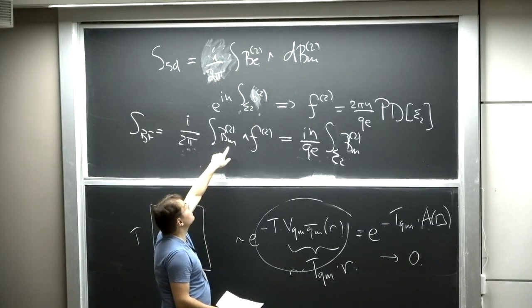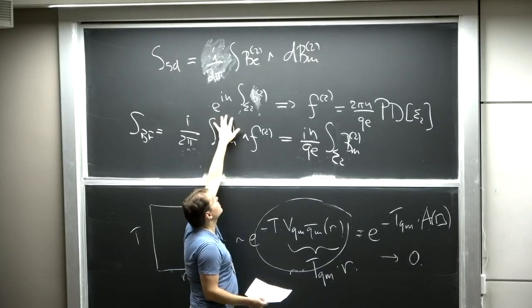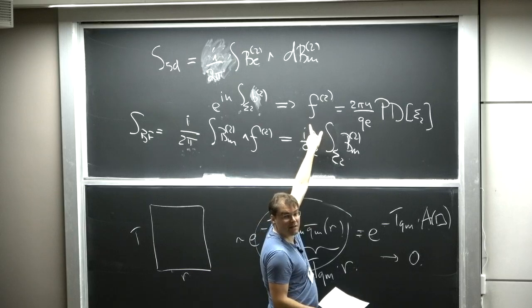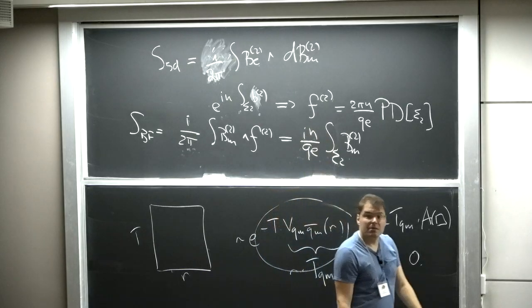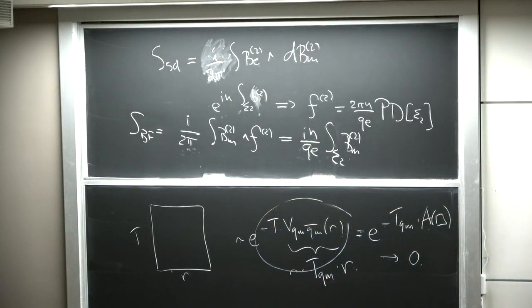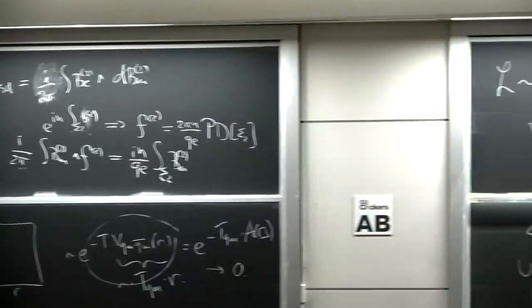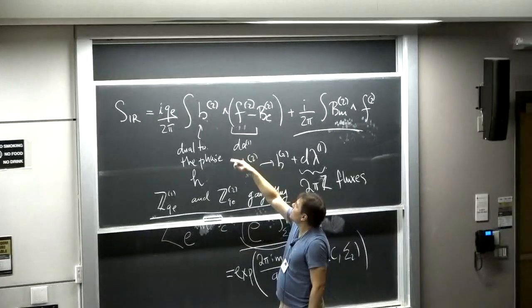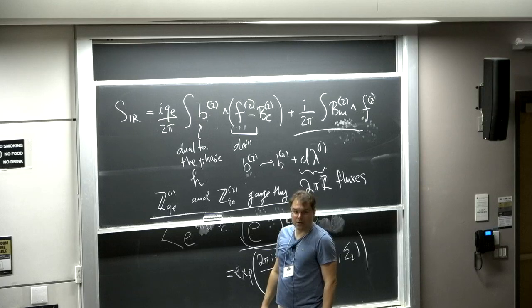That's the equation. So I'm inserting this operator into the action, and then I'm solving for F. This is the equation of motion for F in the presence of such an insertion. Right, there's an F wedge little b term, and now there's a b term as a source. Sorry, it's not the F equation of motion. It's the B equation of motion. I apologize. It's the B equation of motion, which sets F proportional to a source.